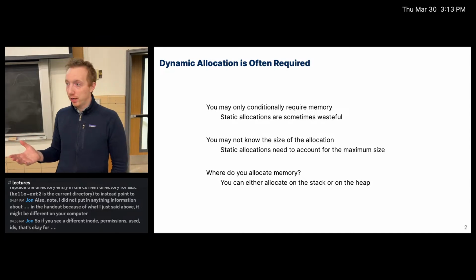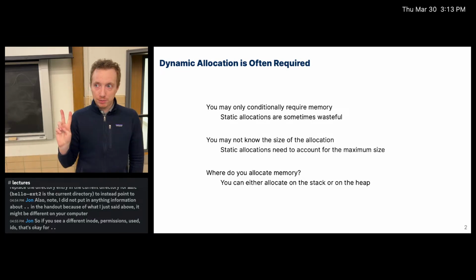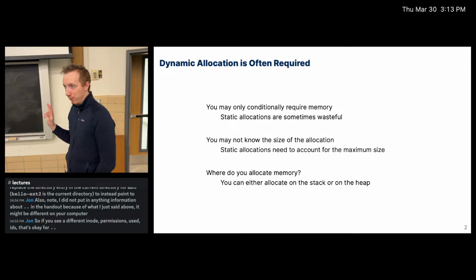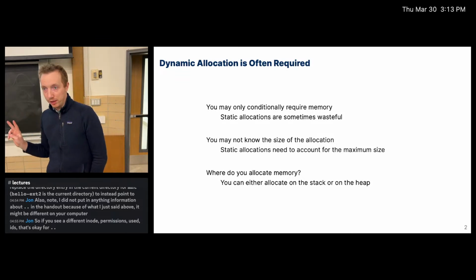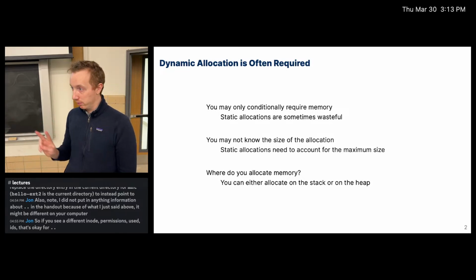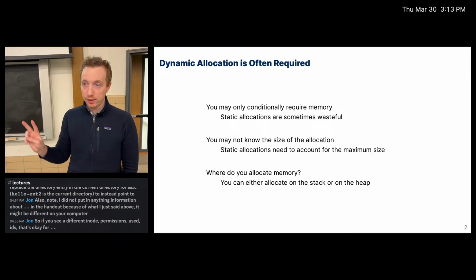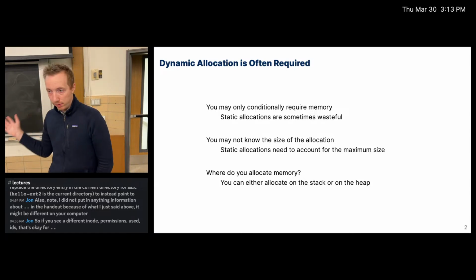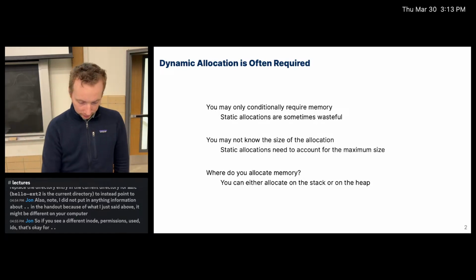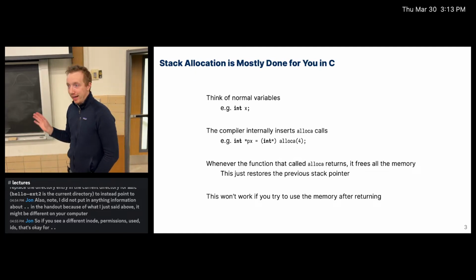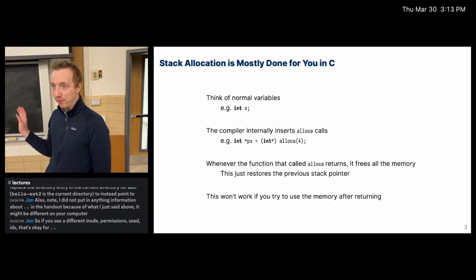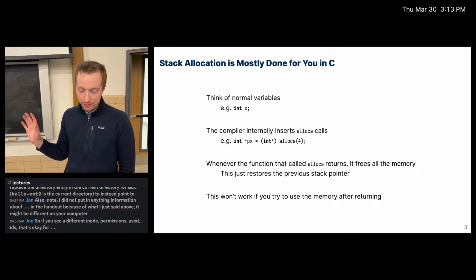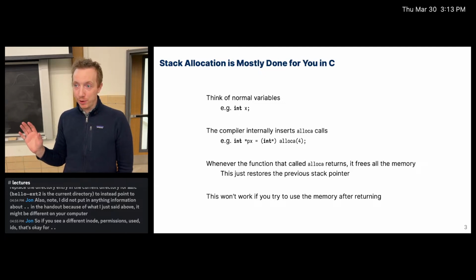So if we do dynamic allocation, we have 2 options available, and hopefully we know them. We can either do it on the stack or on the heap. The stack is where local variables exist, and when you're outside of the scope of a function, they no longer exist. So stack allocation is done for you in C. If I just have a normal variable in a function like int x, what your compiler will actually do is set aside memory for you on the stack.